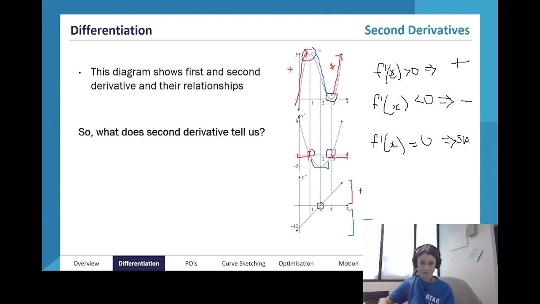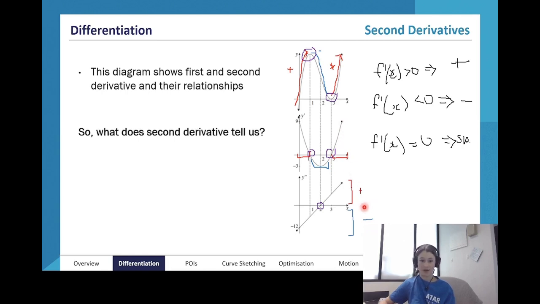So what we can firstly recognize is that this positive portion of the second derivative corresponds with the section of the first derivative that has a positive gradient, which is exactly the relationship that we saw between these two. But of course, because the second derivative is the derivative of this function, we can also see a similar relationship. So when the value of the second derivative is positive, it means that the gradient or the first derivative function is increasing.